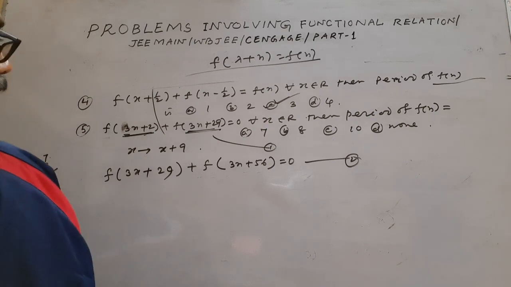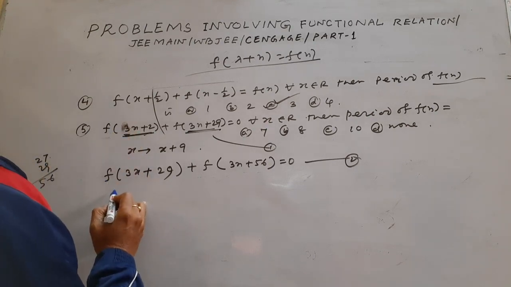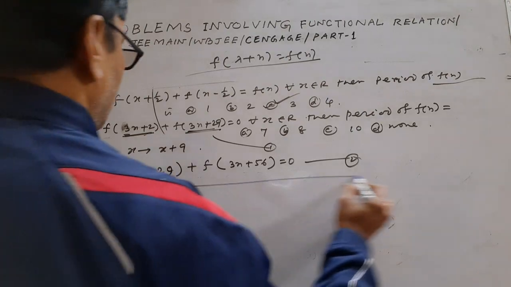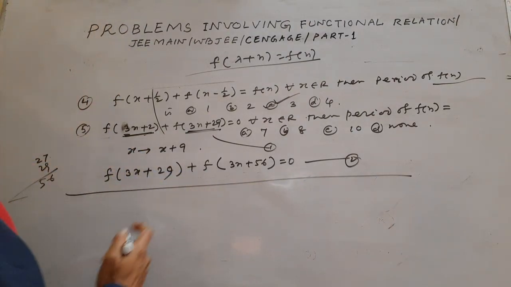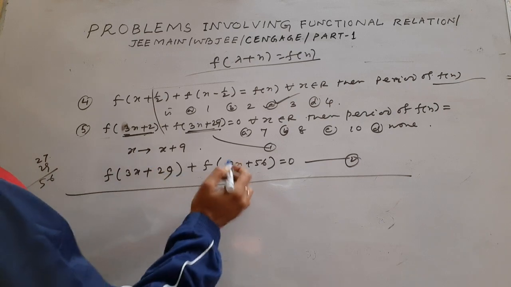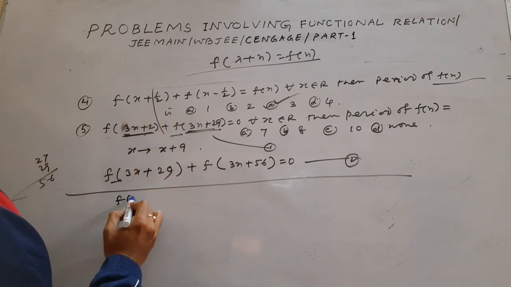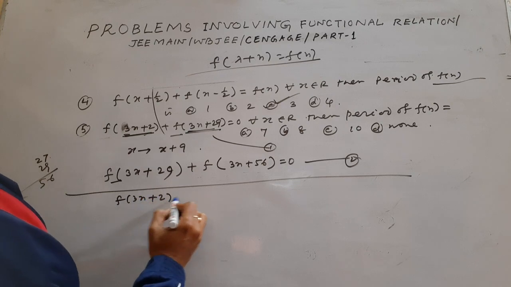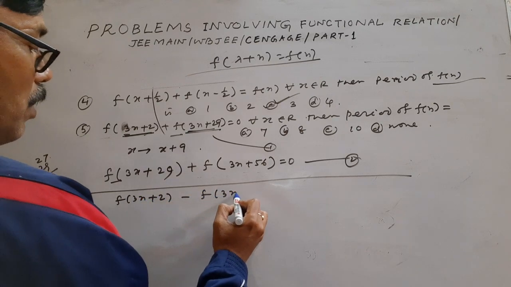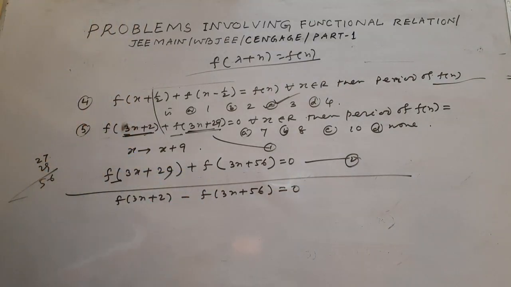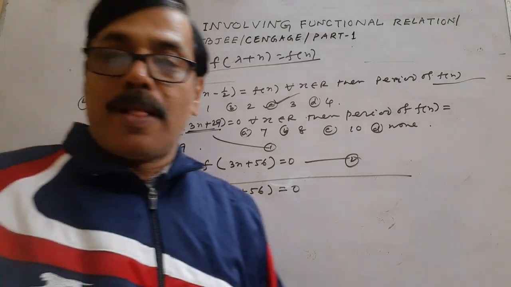If we subtract, f(3x plus 2) minus f(3x plus 56) equals 0. So this one cancels out.